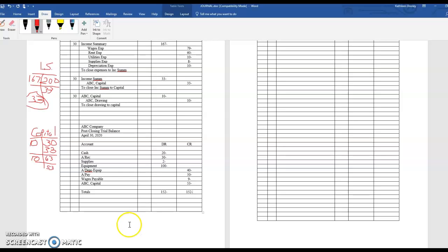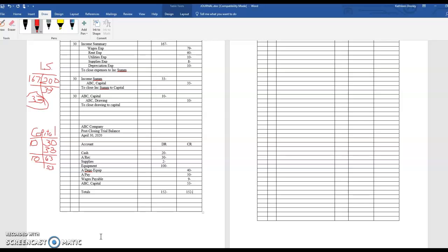So my total debits equal my total credits. I feel confident. I've matched my 53 to my statement of owner's equity, and the 53 should also be the balance that's on the balance sheet for capital as well. And so I am now finished. The post-closing trial balance is the very last thing for this month.